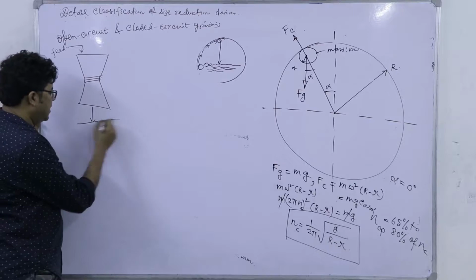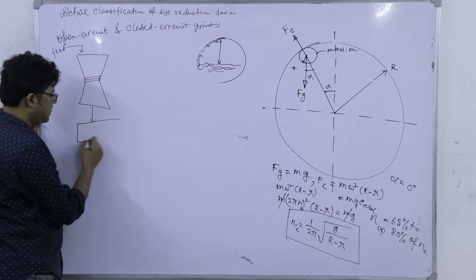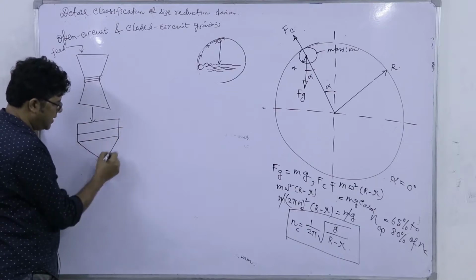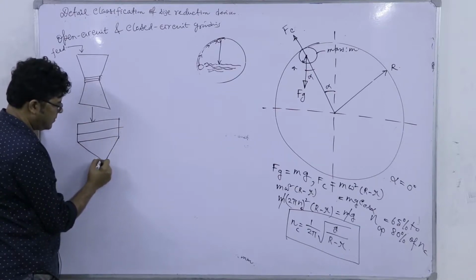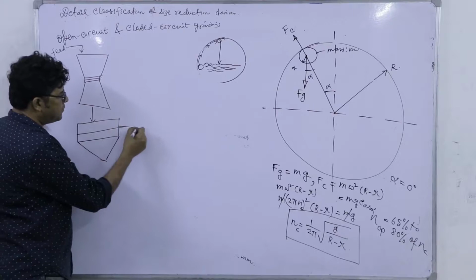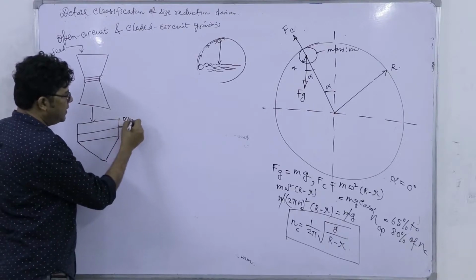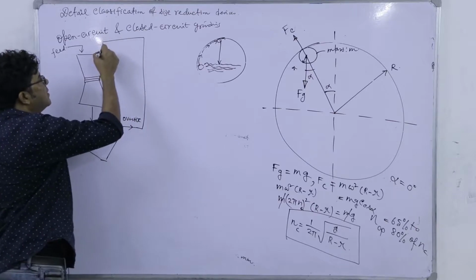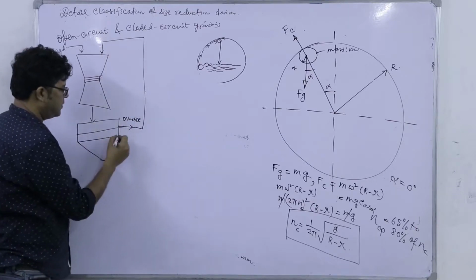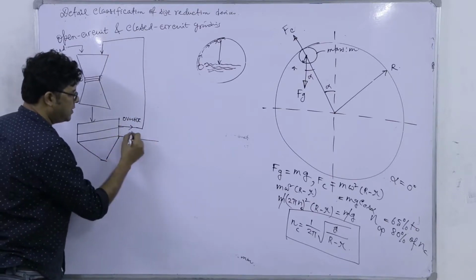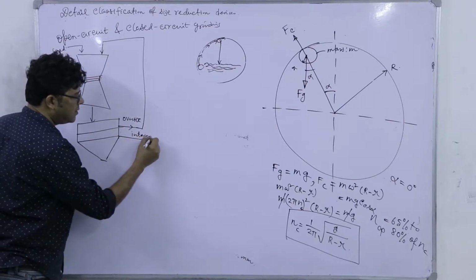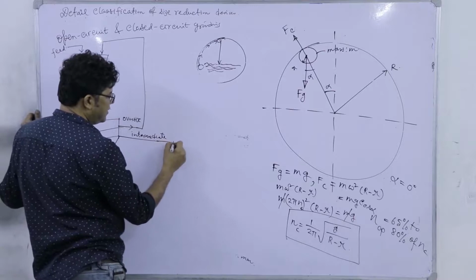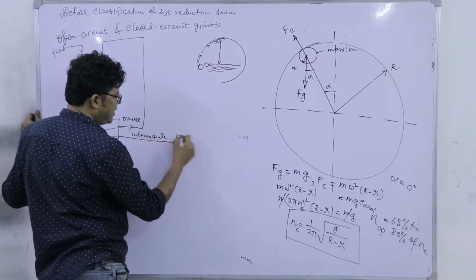So, here we attach a screen, and that is the idea of closed circuit grinding. This is the oversize, we circulate back to the crusher. This is the intermediate, we may feed that in a rod mill.